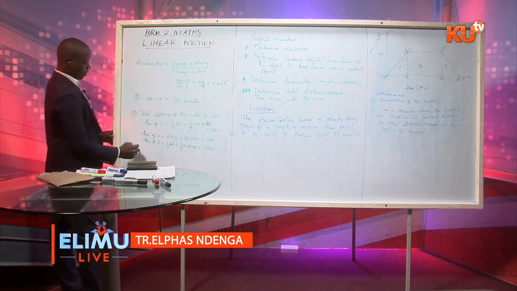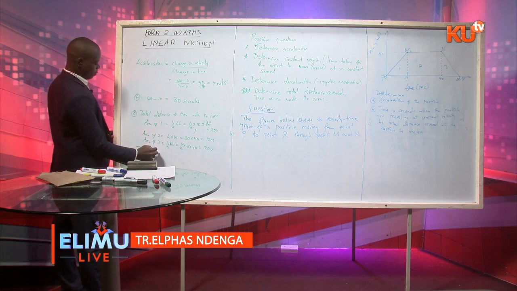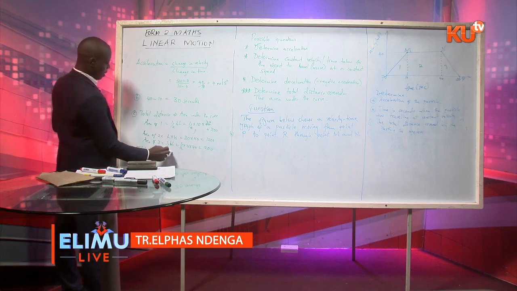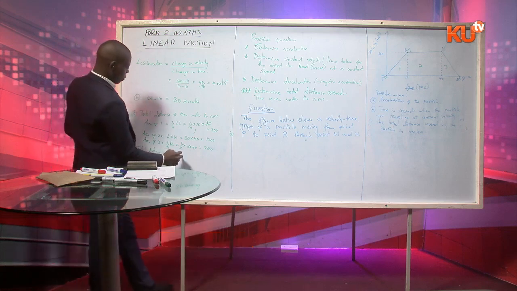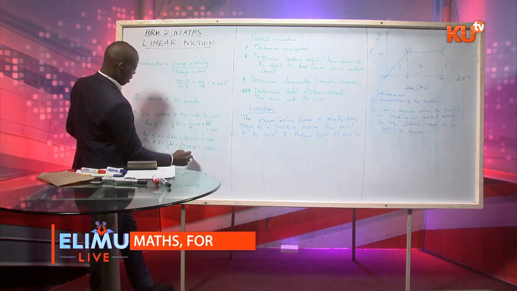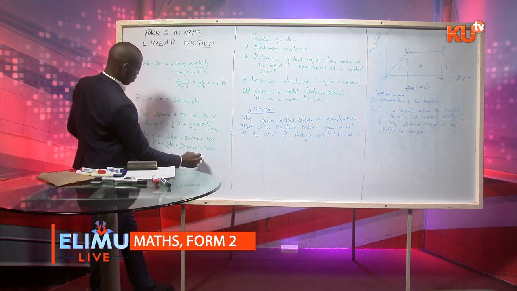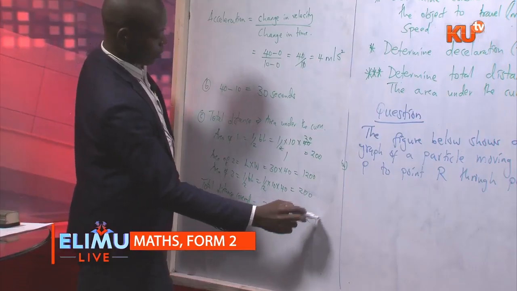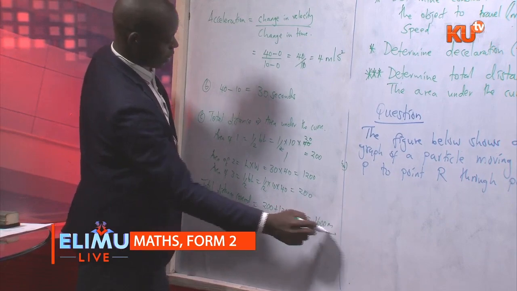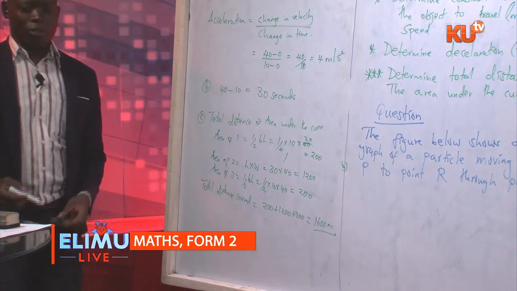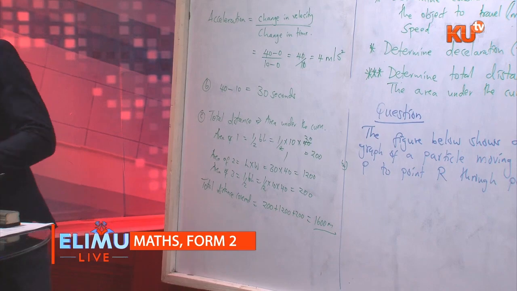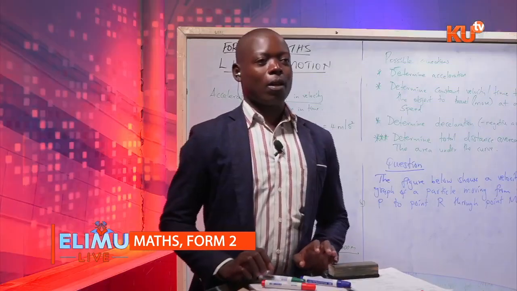And so therefore, what's the total distance covered? Total distance covered is equal to 200 plus 1200 plus 200, and that gives you 1600 meters. That is the total distance covered by the particle.